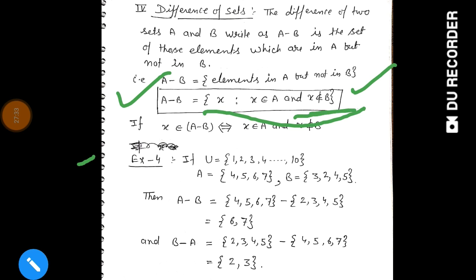So if we say x belongs to A minus B, this implies x belongs to A and x does not belong to B.